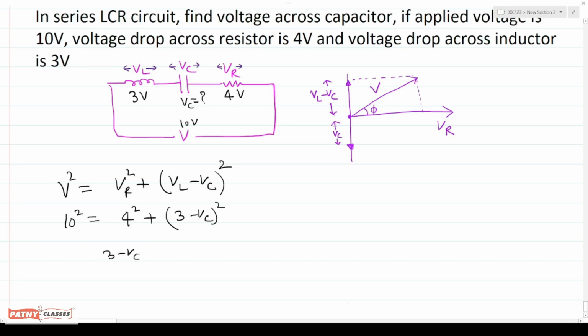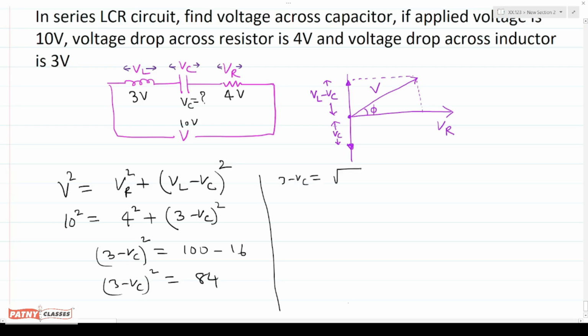So 3 minus VC whole square equals 100 minus 16, equals 84. 3 minus VC equals under root of 84, equals 9.16. Minus VC equals 9.16 minus 3, equals 6.16. VC equals minus 6.16 volt.